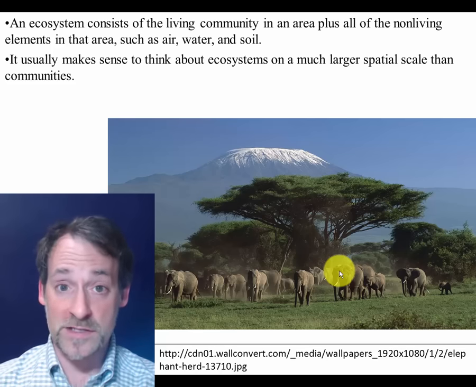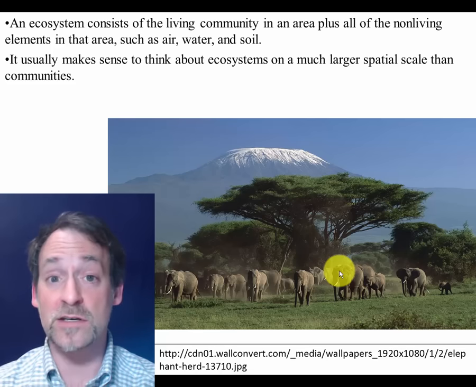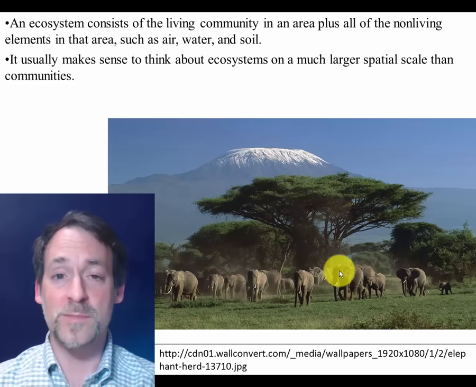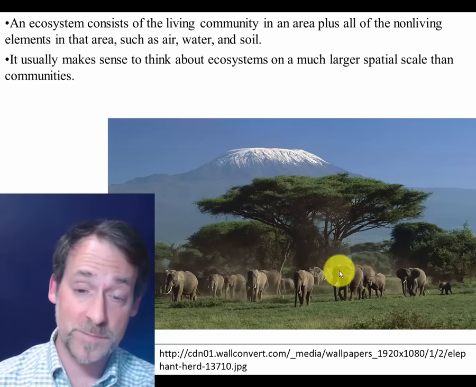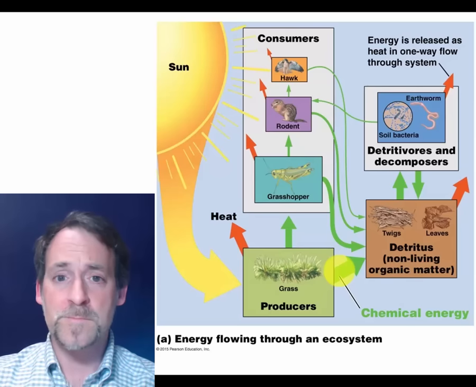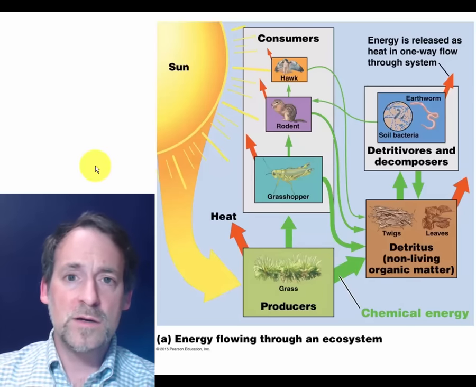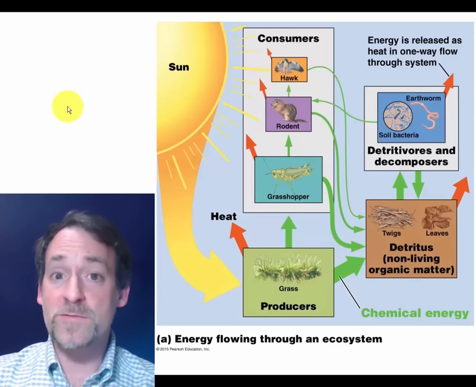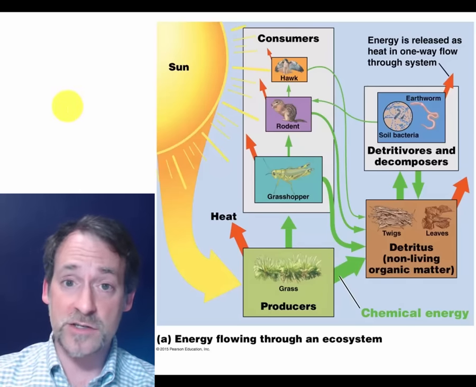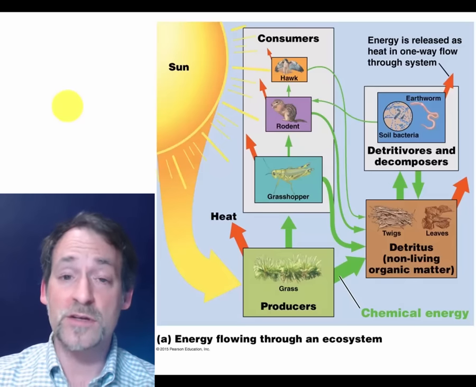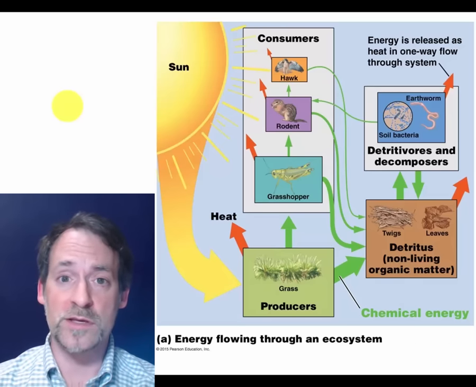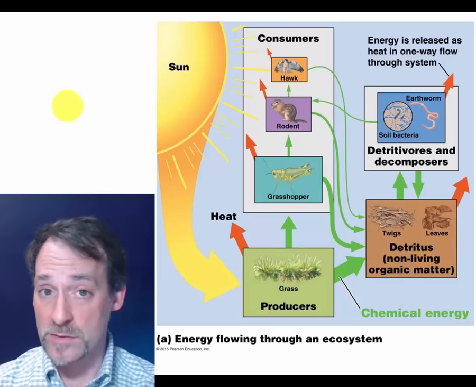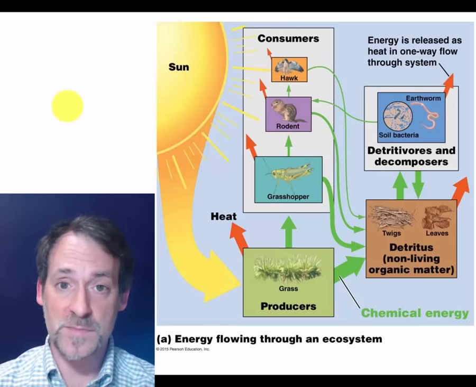So for example, one of the things that we're going to be looking at today is the global carbon cycle, basically the movement of all the carbon atoms on the planet Earth. What I am going to be focusing on in this lecture is the movement of nutrients or matter through the living and non-living components of an ecosystem.